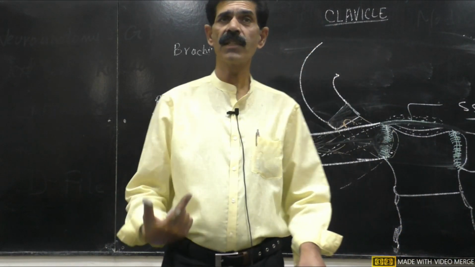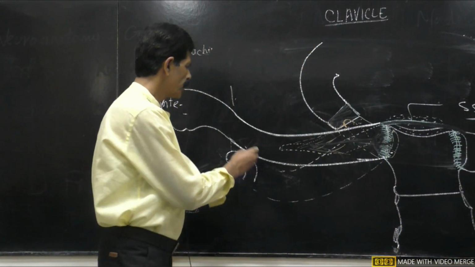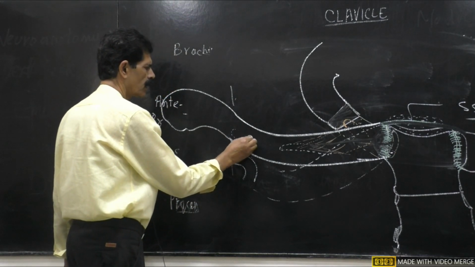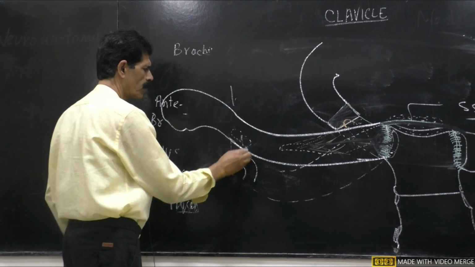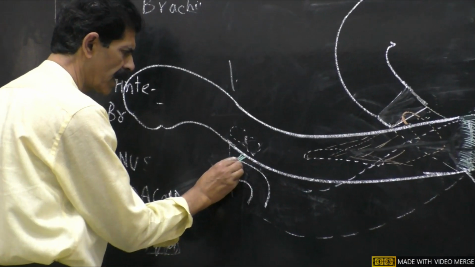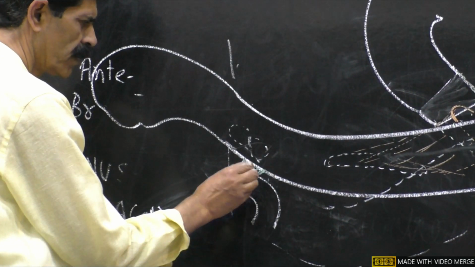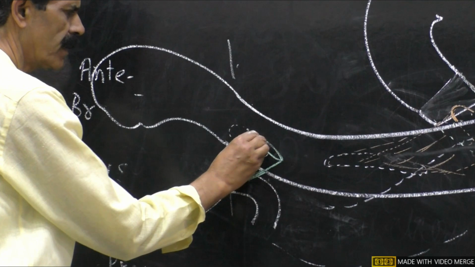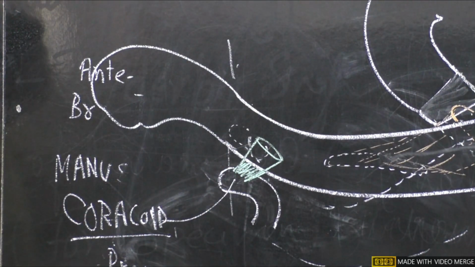So the clavicle's inferior surface, because of the presence of the medial conoid tubercle and lateral trapezoid tubercle, has ligaments of the same names, coming from the clavicle and attaching to the coracoid process. One ligament is cone-like, so it is called the conoid ligament.